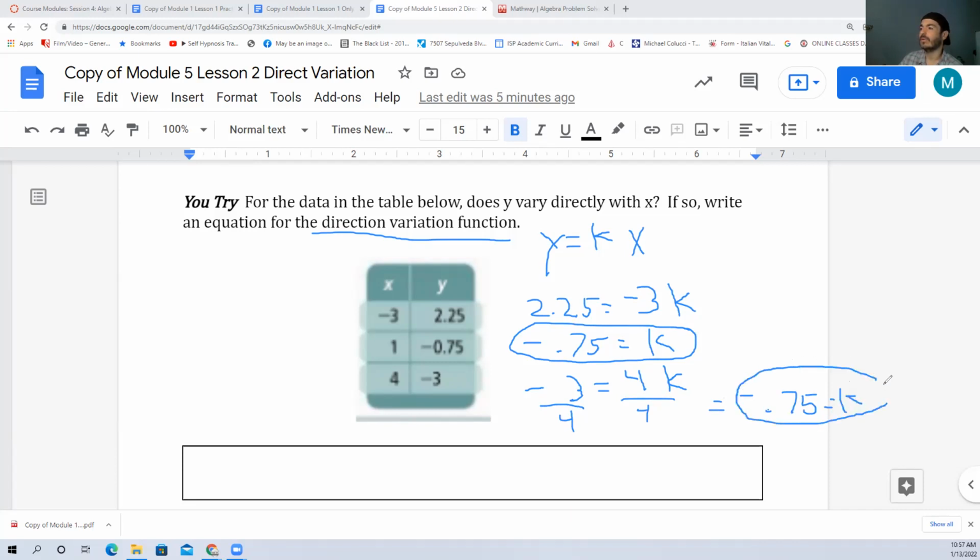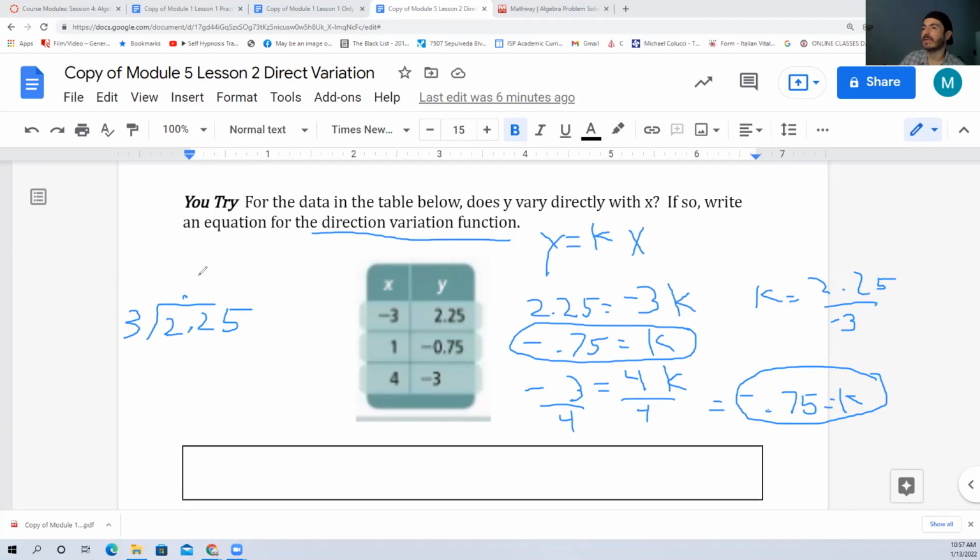So far, so good. Here, I know that k is going to equal 2.25 divided by -3. And if that equals -0.75, I'm good. I know it's going to be negative because a positive divided by a negative is going to be a negative.